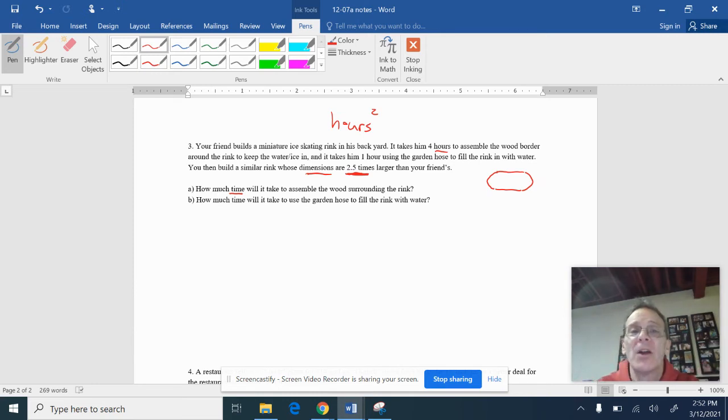You're filling the whole interior area of this skating rink with water. So the time it takes you to fill that rink with water depends on the area of that skating rink. Whereas the time it takes you to assemble the wood border going around the perimeter of your hockey rink, that amount of time is a length measurement.